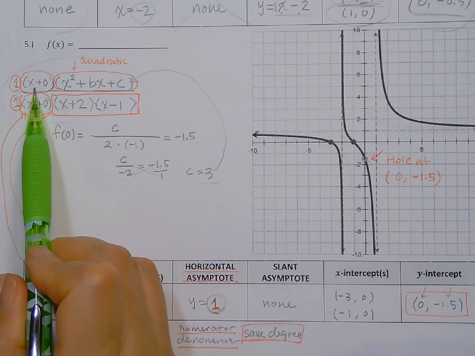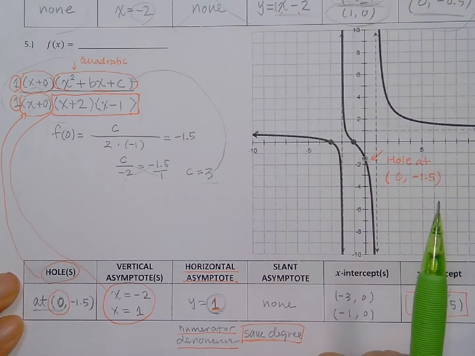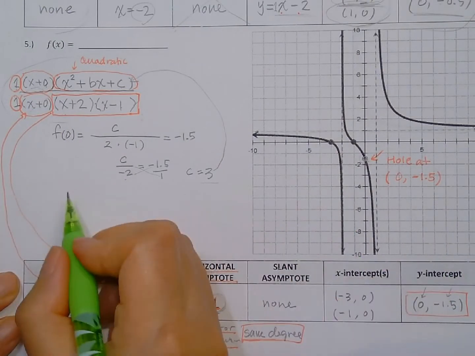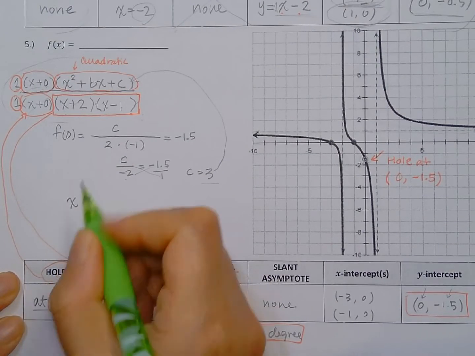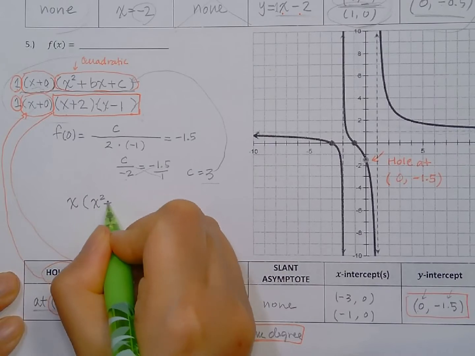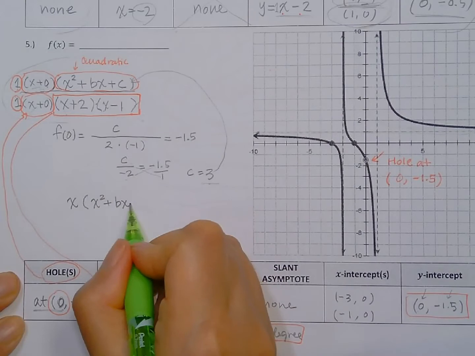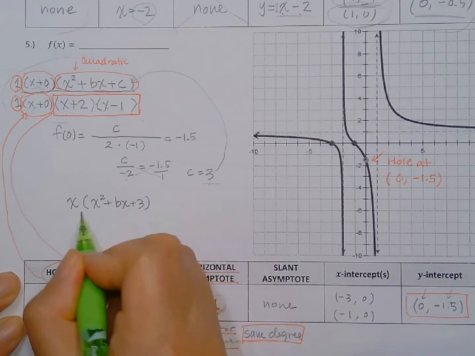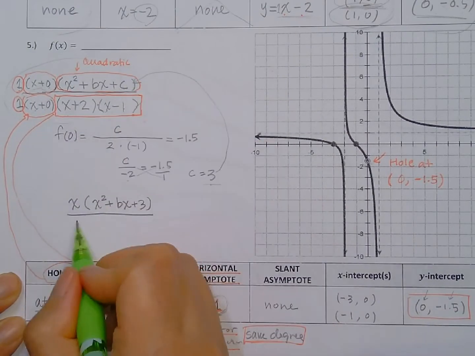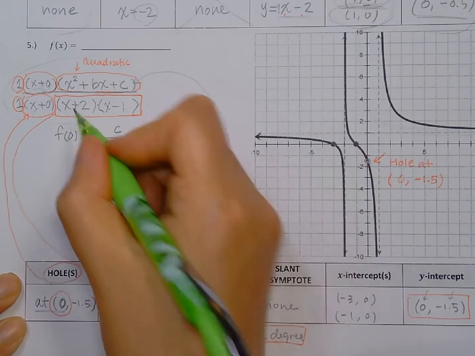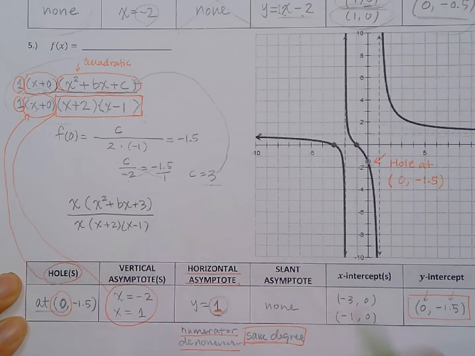I don't have to write x plus 0 because this one is simply what? Just x. So it looks like this, x times x squared plus bx plus 3 over x, and it was supposed to be x plus 2 and x minus 1.